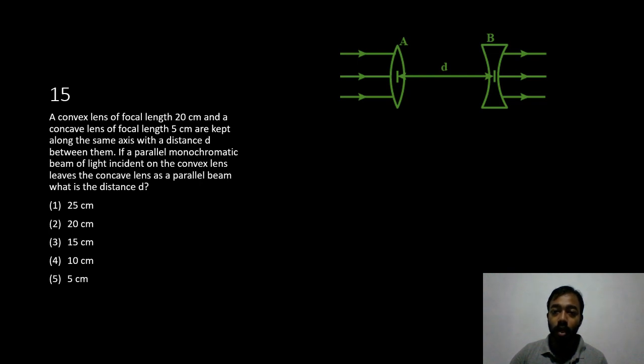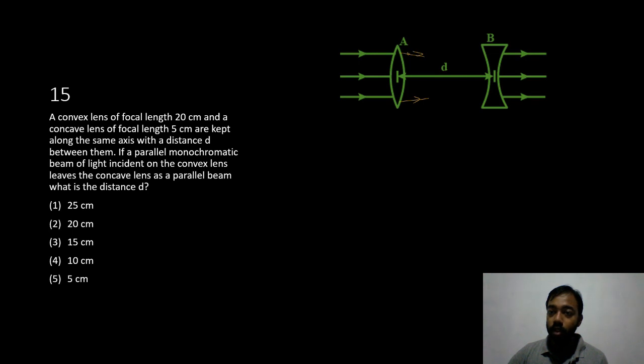So you can see there are two lenses. The first one is a convex lens and the second one is the concave lens, and here parallel rays are coming towards this convex lens. After refracting from this, since convex lenses are converging lenses, these light rays should converge, so they should move towards the principal axis.